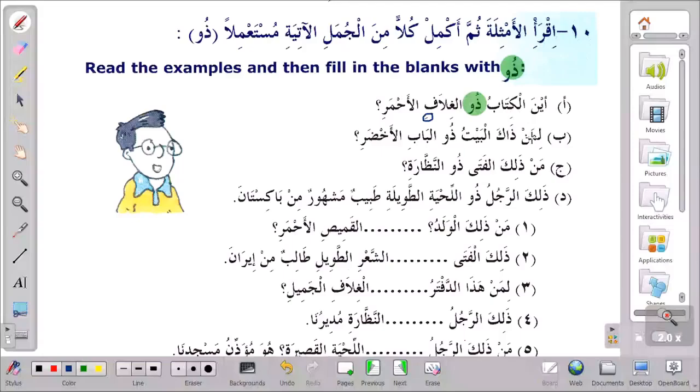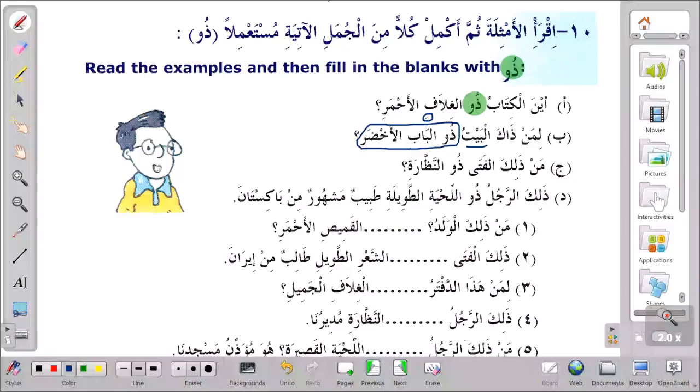Now the second one: لمن هذا البيت ذو الباب الأخضر. So all of this is an adjective, right? It's an adjective that describes what? The house.